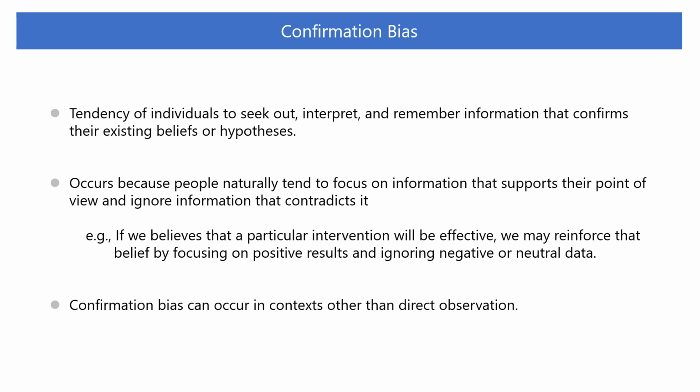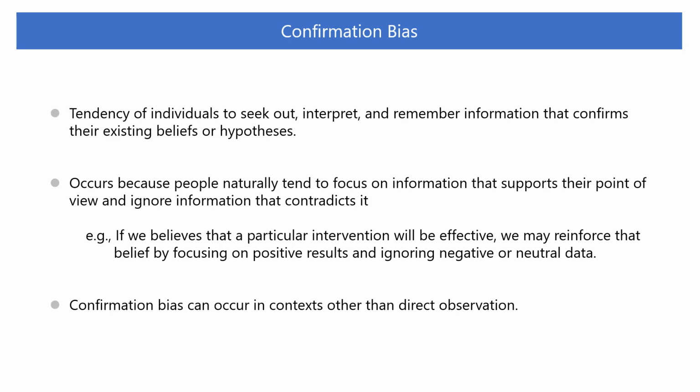For example, if a researcher believes that a particular intervention will be effective, he may reinforce his belief by focusing on positive results and ignoring negative or neutral data. Although observer bias and confirmation bias are similar, they are not exactly the same.